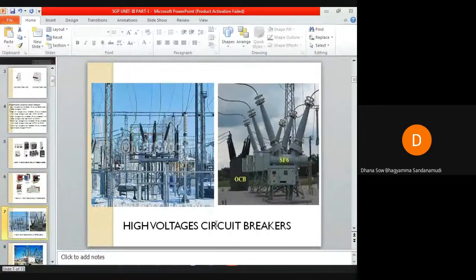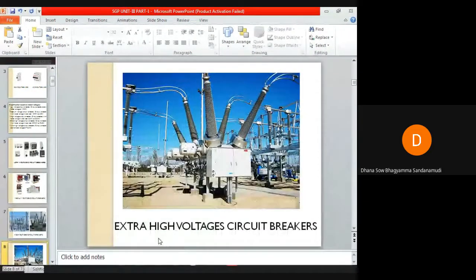Next, if the voltage rating of the circuit breaker is between 66 kilovolts and 220 kilovolts, those circuit breakers are classified as high voltage circuit breakers. Further, if the voltage rating is between 300 kilovolts and 765 kilovolts, they are classified as extra high voltage circuit breakers.